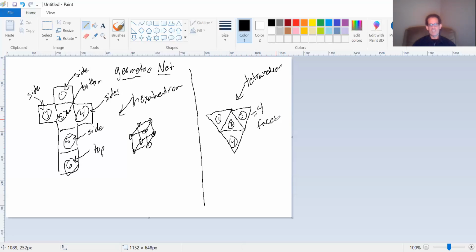I can't, however, really see the edges or the vertices clearly, so I might draw it three-dimensionally like this. Pick an apex and connect all of your vertices to it. So I have 1, 2, 3, 4. So I have 4 vertices. And I might be able to see the edges more clearly now too, because those triangles share edges when they're three-dimensional. So I have 1, 2, 3 edges on the bottom, 4, 5, 6. So now I have 6 edges.